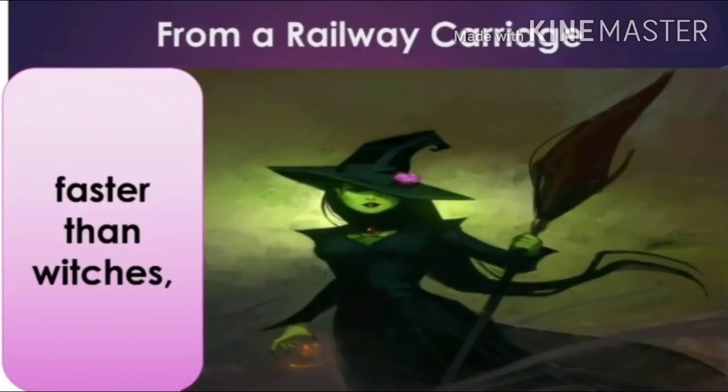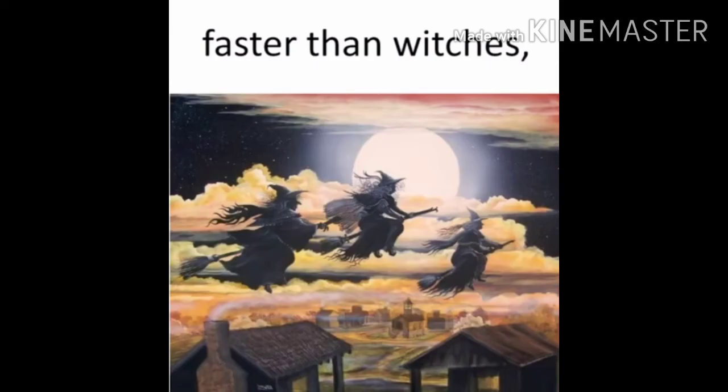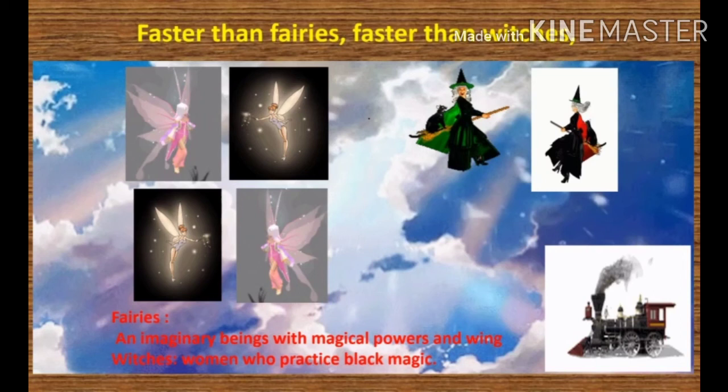They can go around anywhere within a fraction of seconds. But the poet says that the train is faster than them. It has much more speed than these magical creatures like fairies and witches.